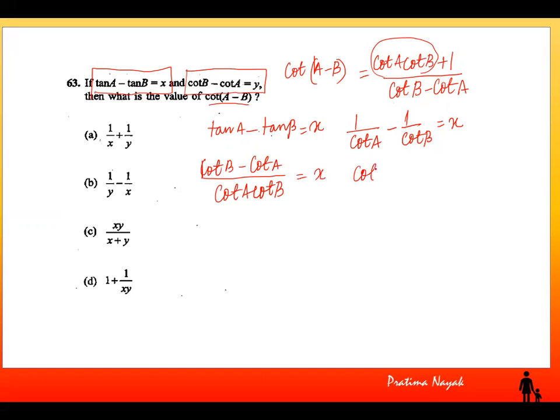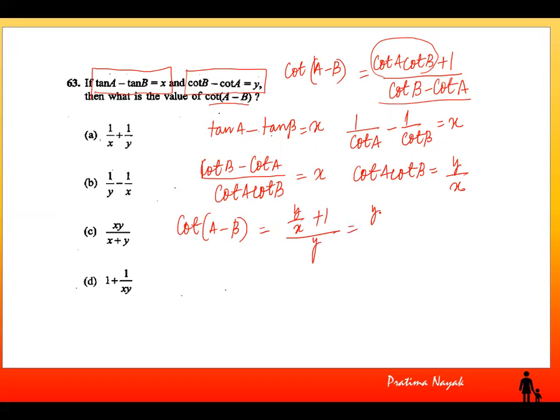So I'll get cot A cot B from this expression. Cot A cot B is equal to how much? It will be cot B minus cot A, y by x. Now put in this formula. So cot A minus B is equal to, we have got y by x plus 1 upon your y.